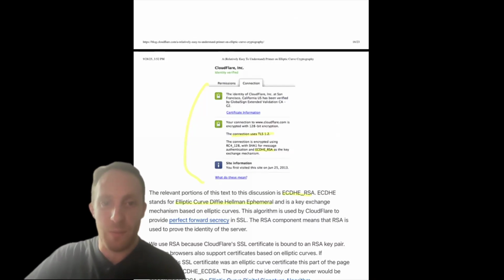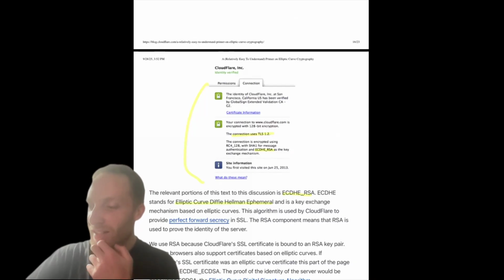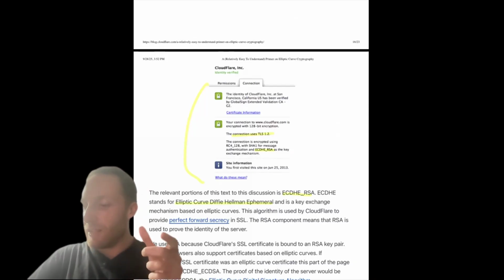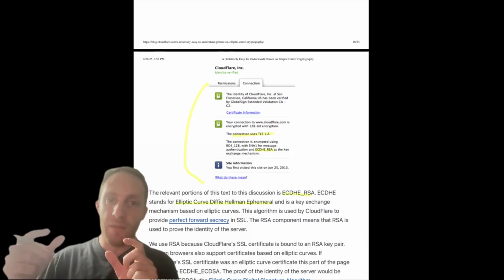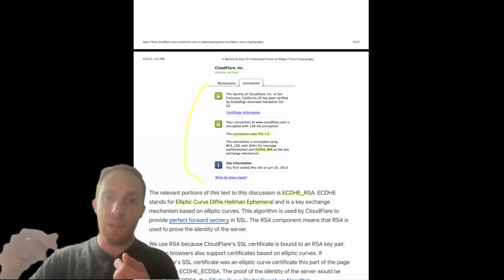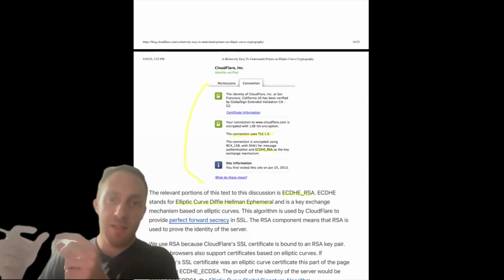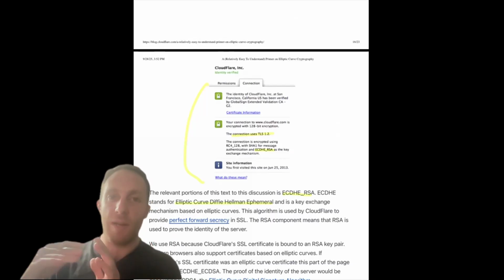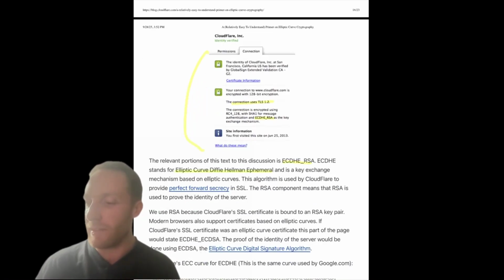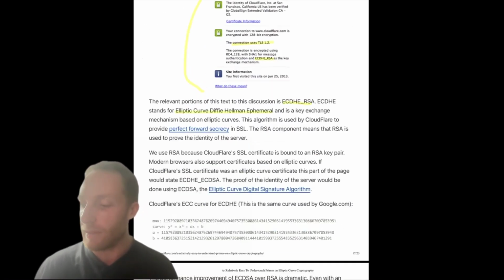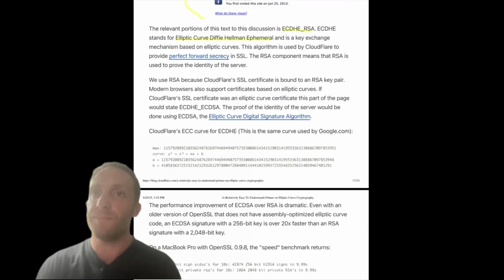I actually don't know what ephemeral means here. I thought E would be exchange, but basically this is doing the key exchange, which means we use the elliptic curve to agree upon a symmetric secret key, which we then use to encrypt our traffic back and forth, because it's much faster to do symmetric cryptography than it is to use public key cryptography all the time. So that's the idea.